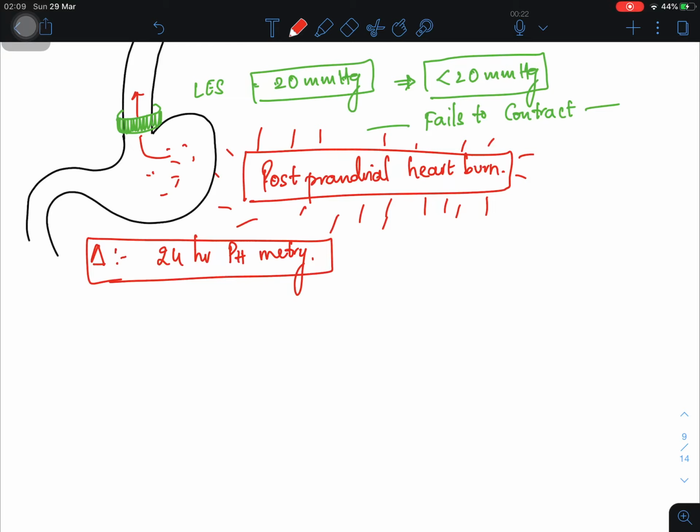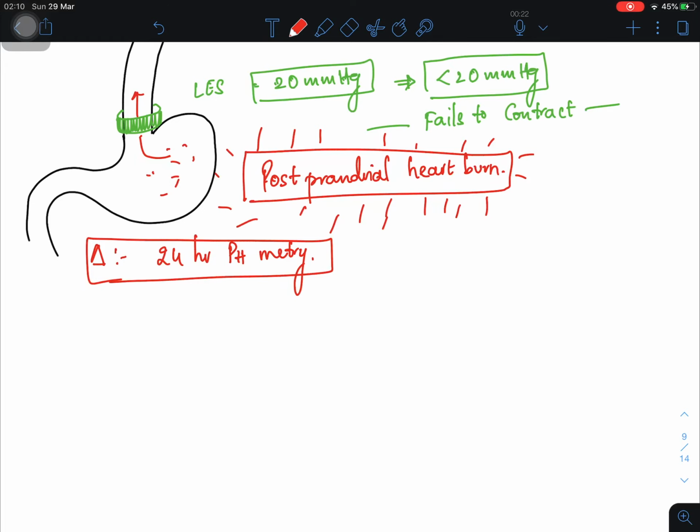Now another important thing to take into consideration is that there are also two more important conditions like Crohn's disease and ulcerative colitis. In these conditions you will have different representations of the problems.